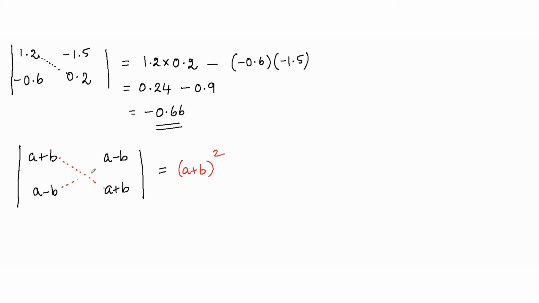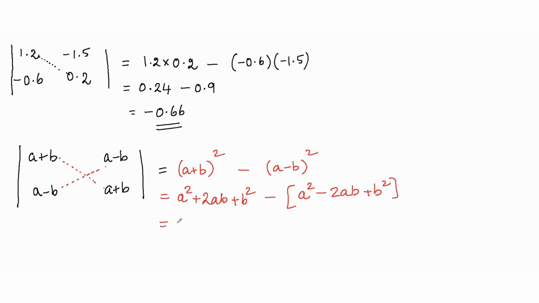Then take the elements along the other diagonal, which is a minus b into a minus b, which is a minus b the whole square, and subtract it. So a plus b the whole square would become a square plus 2ab plus b square, minus of a minus b the whole square, which would become a square minus 2ab plus b square.